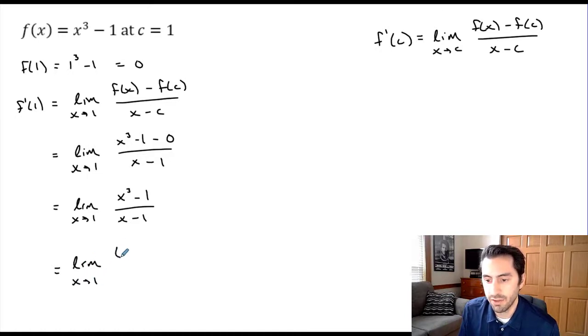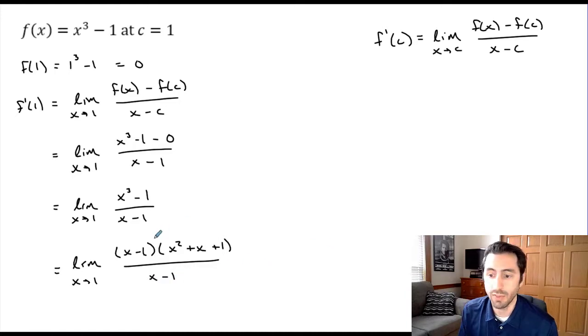And if I factor that, it's going to be x minus 1, and then x squared plus x plus 1. And this is still all over x minus 1. In the factored form, we can see we have a term here that will simplify. And then what we're left with, I'll move it up here.